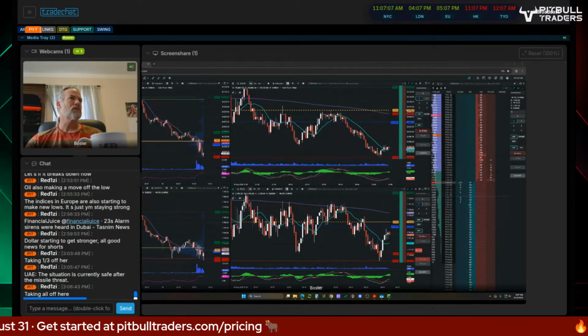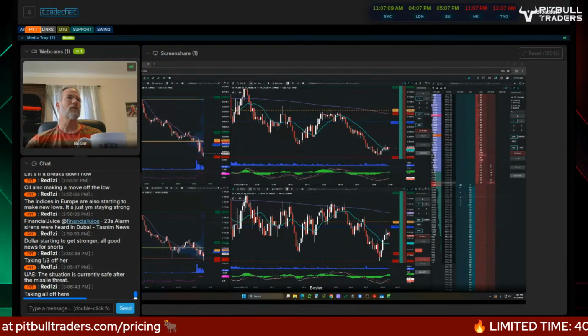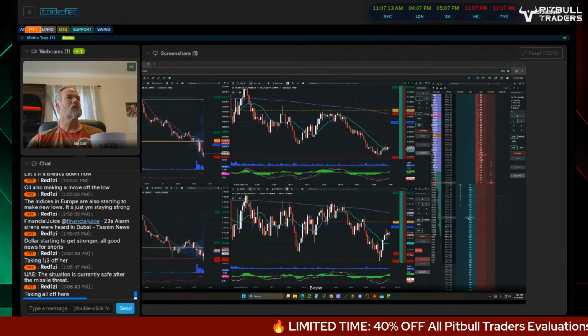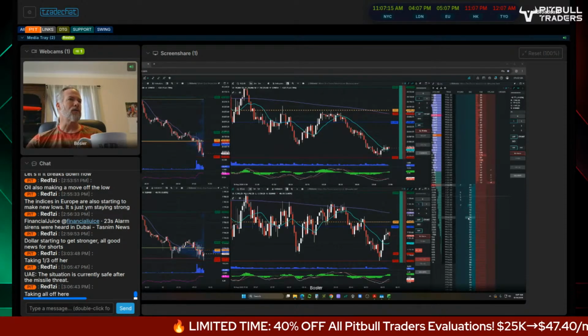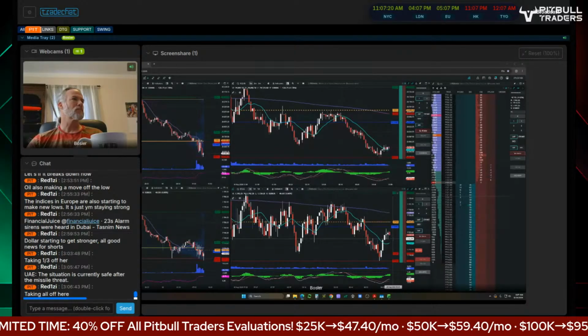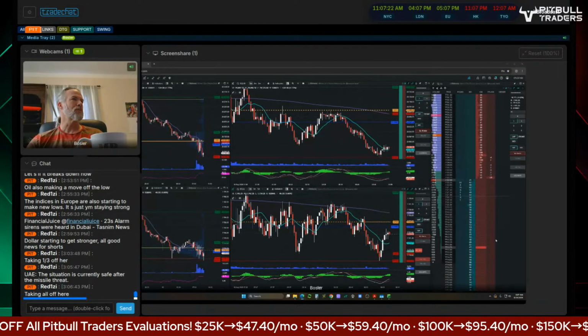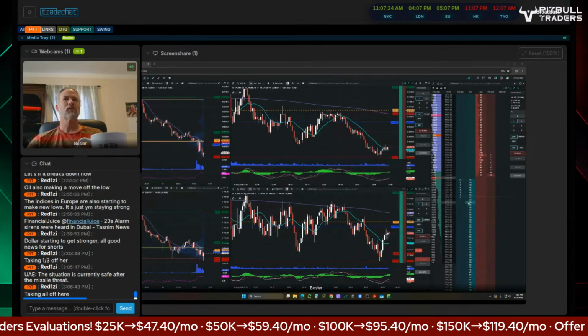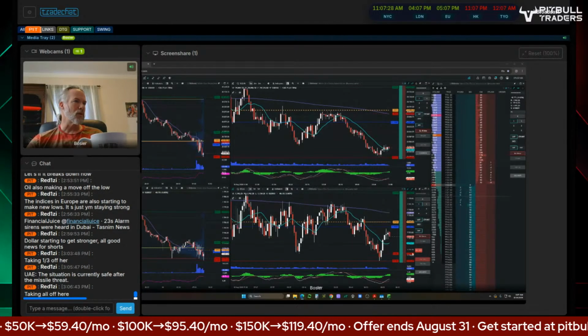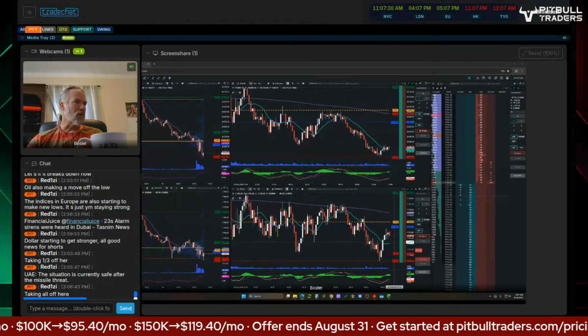Let's see, what was the level? 23.5 is S2. So I want to see it reclaim and hold that in the ES. Could also just be the spot where it rejects. I'm going to try one if I can.